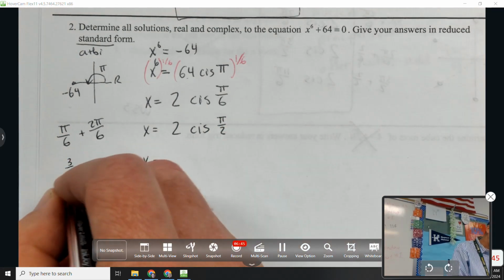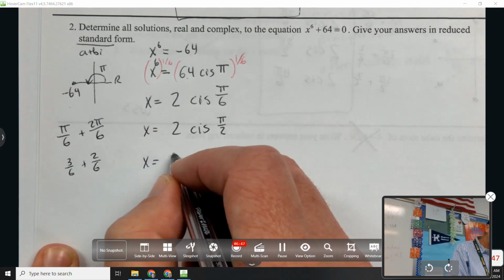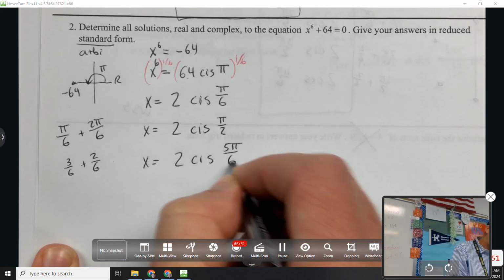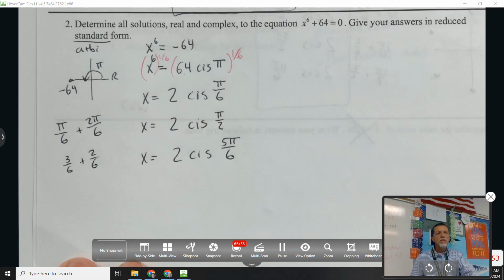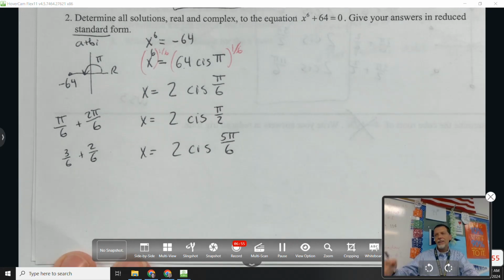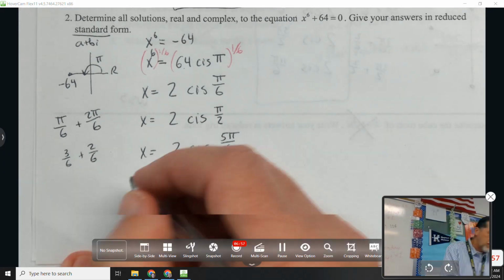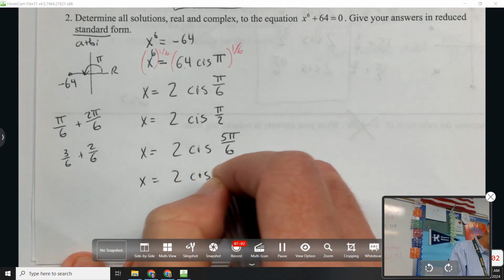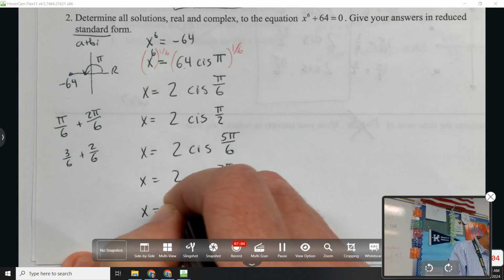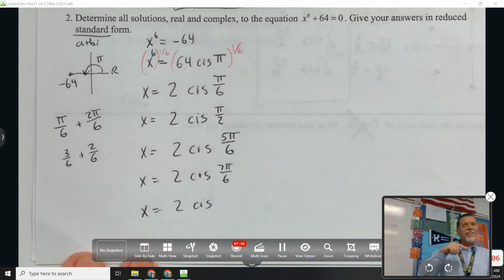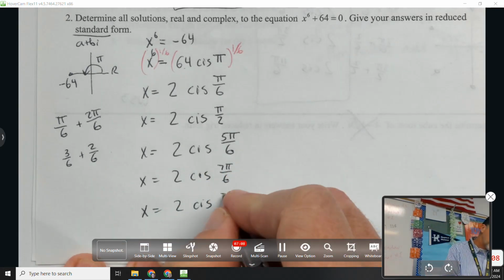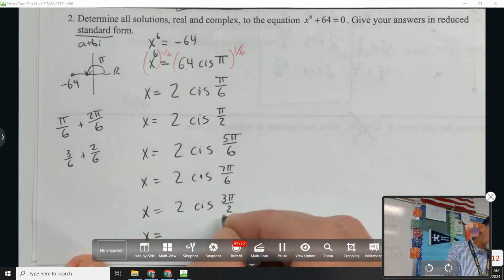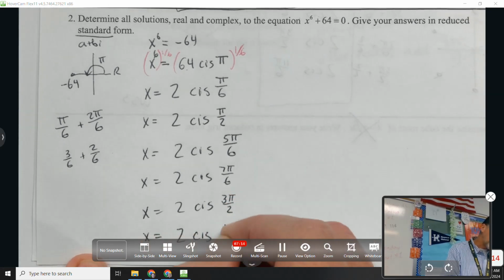And then 3/6 plus 2/6 is 5/6. And now I'm just adding 2/6 each time. So the next one is 7/6. And the next one is 9/6, but that reduces. And 9/6 plus 2/6 would be 11/6.